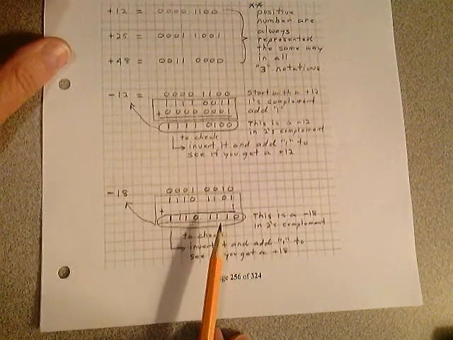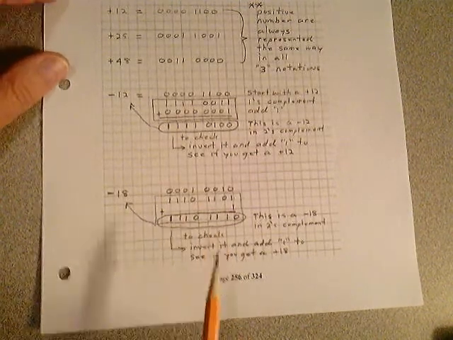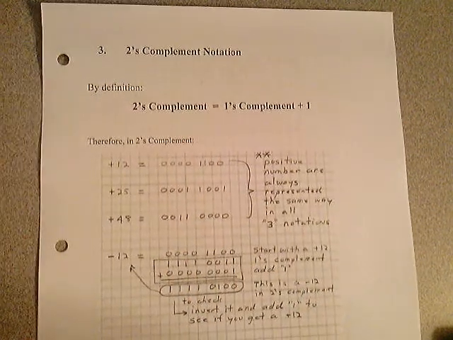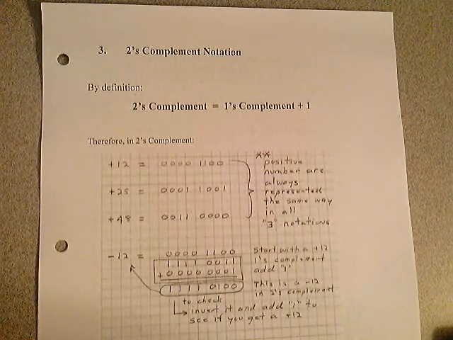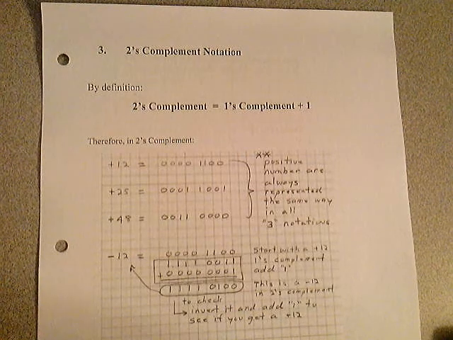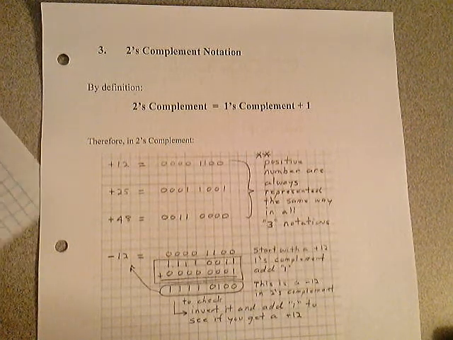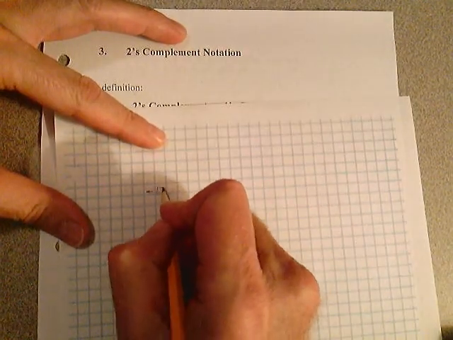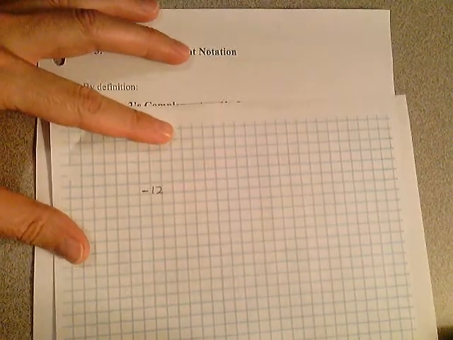I'm going to show you a very convenient way of taking the 2's complement of a number. I learned this when I was at Texas Instruments. Matter of fact, one of the engineers showed this to me. Let me take a negative 12. I want to show a negative 12 in 2's complement.